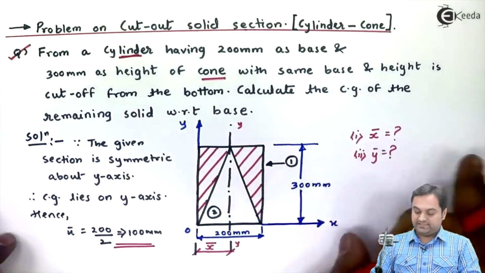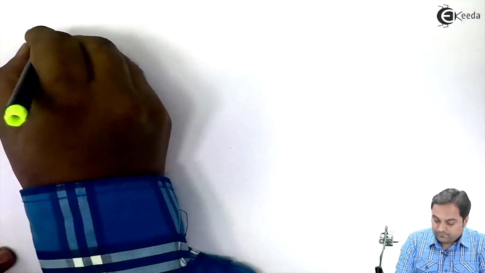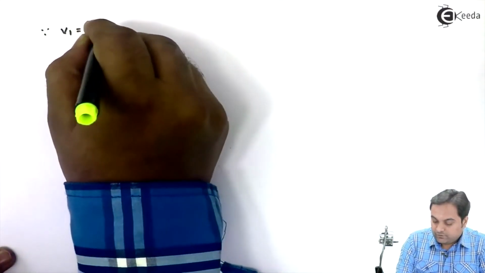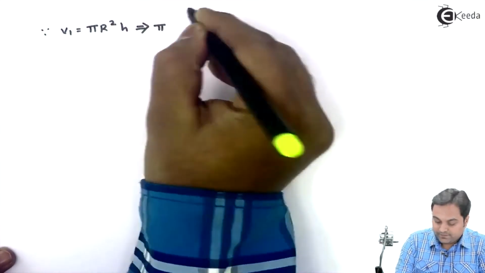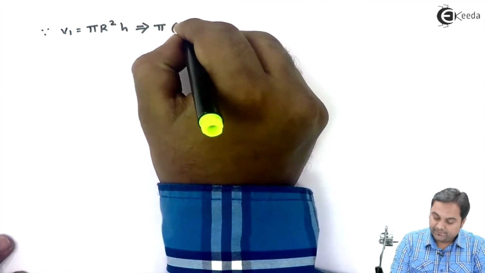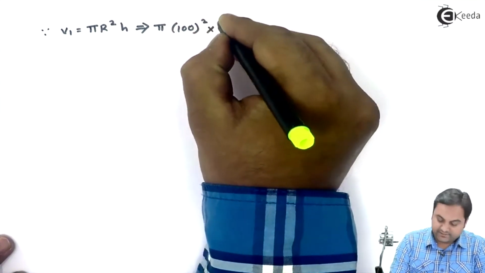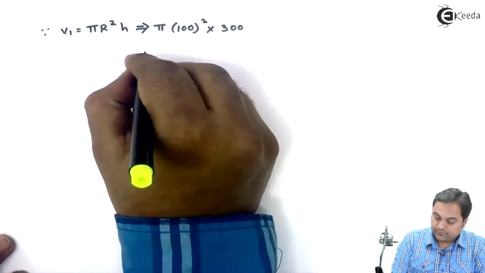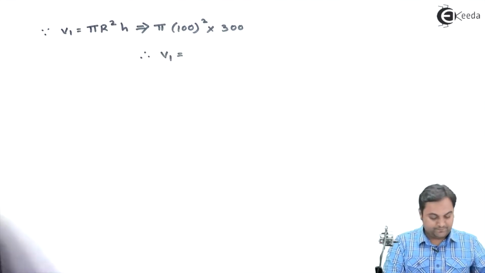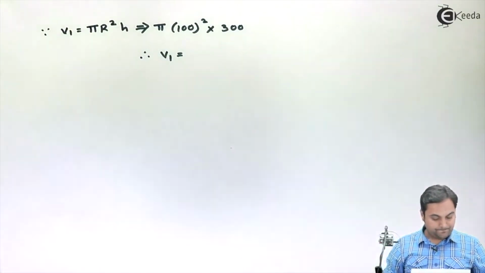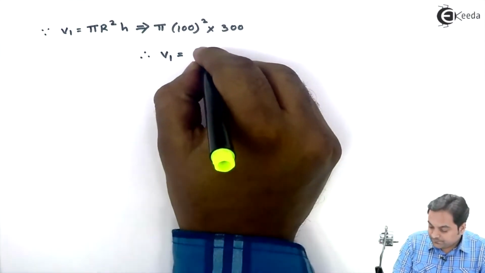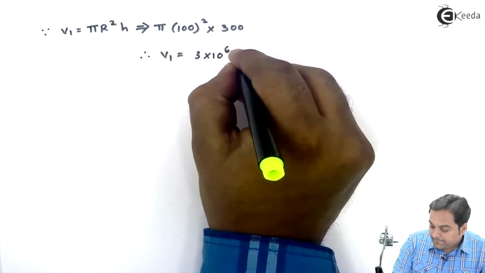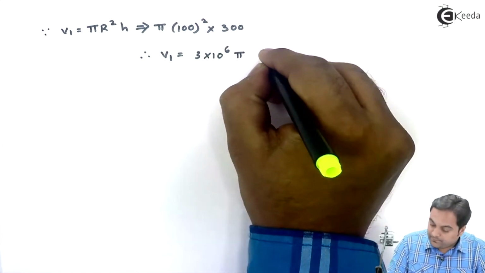So here V1, volume of cylinder, is equal to pi r square h, therefore it is pi into radius 100 square into height 300. So from this I will get the volume of cylinder, that is 3 into 10 raised to 6 pi mm cube.